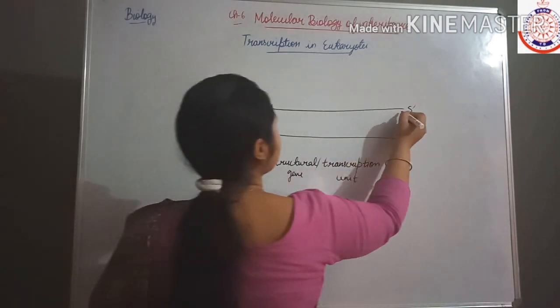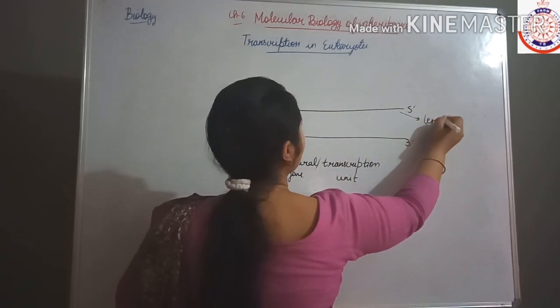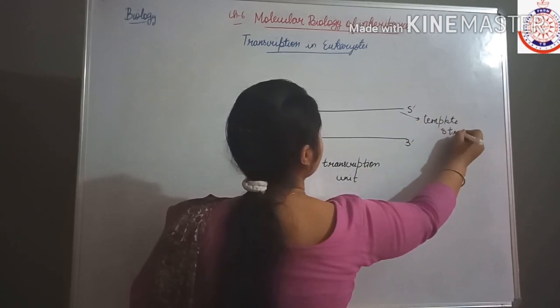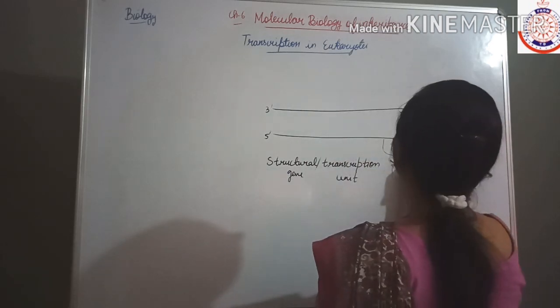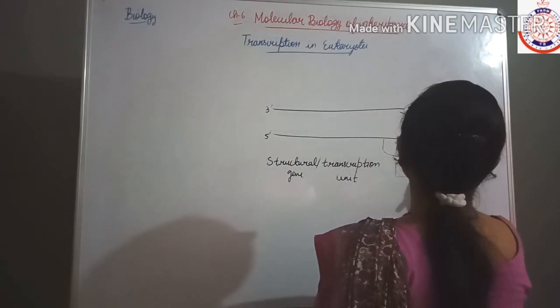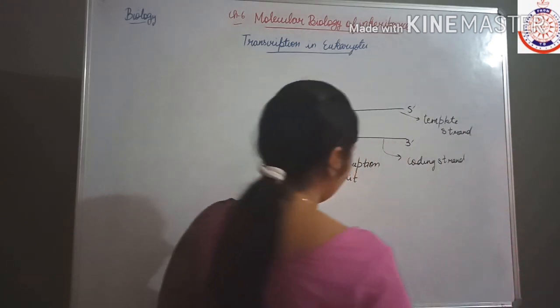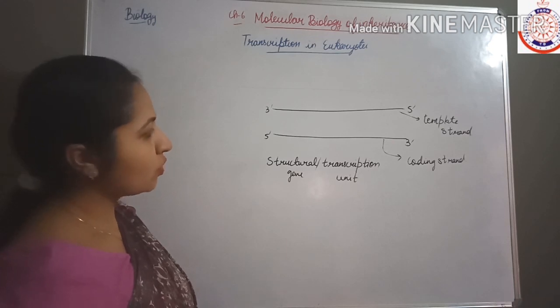The strand having the polarity from 3' to 5' end is known as the template strand, and the other is known as the coding strand.